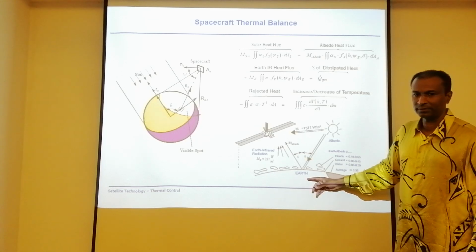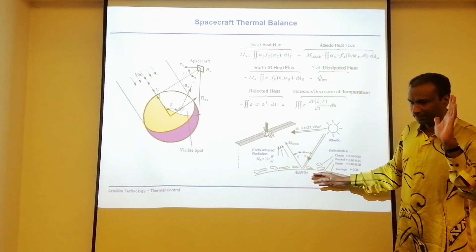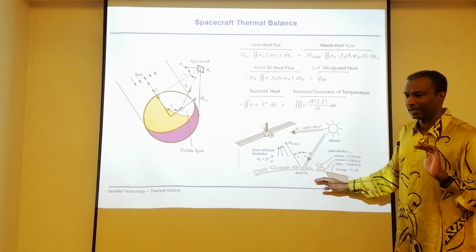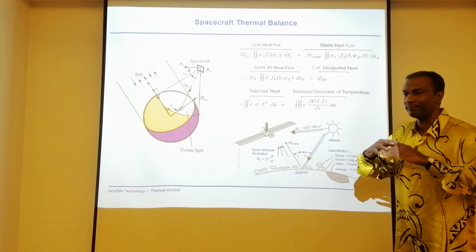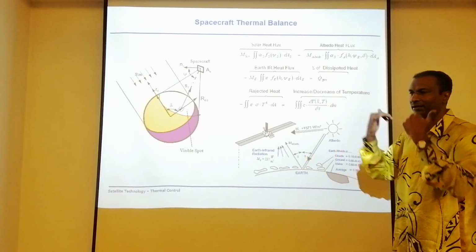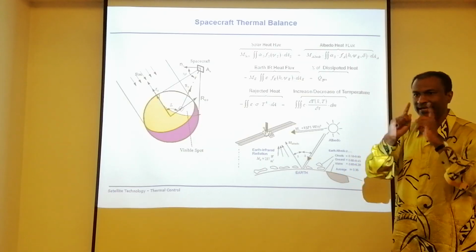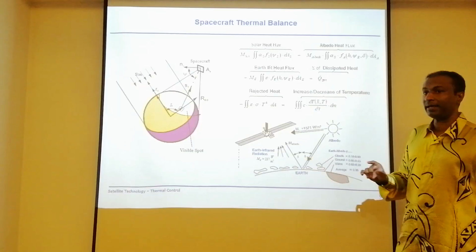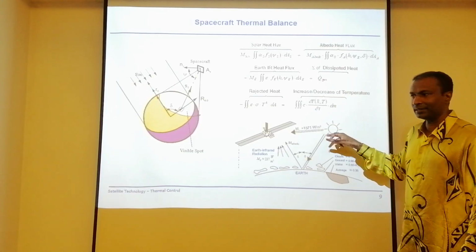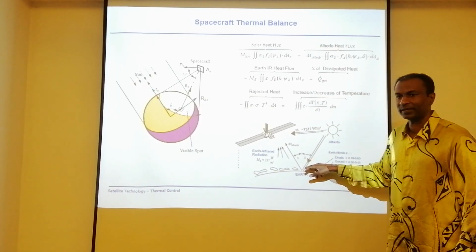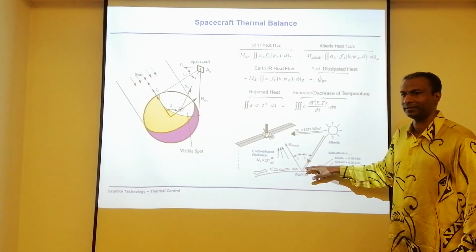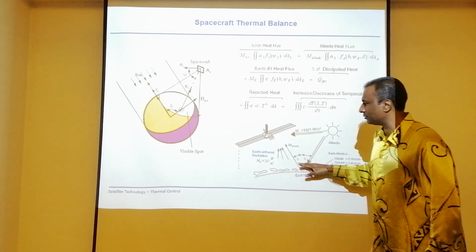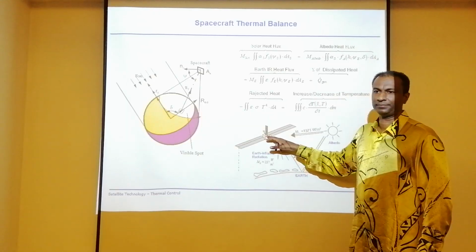Albedo heat, imagine it's simple. Planet Earth, like a mirror, receives the sun ray and reflects it. And that one is albedo. So the source of albedo is actually the sun reflected by planet Earth surface back to the satellite.